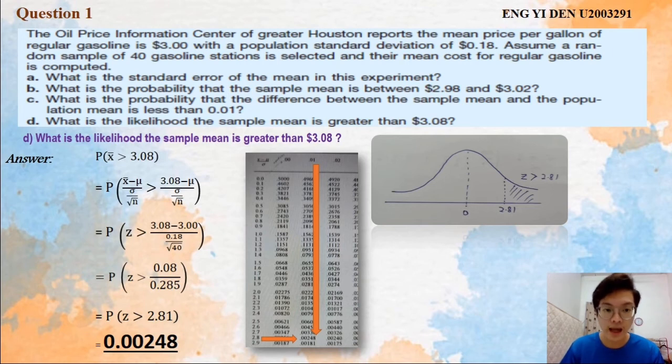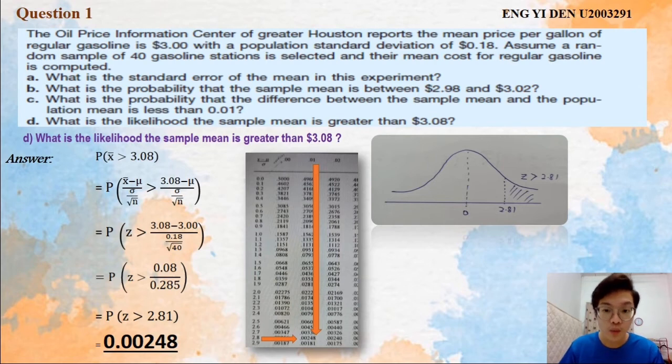And we get P(x bar larger than 3.08), and we put the 3.08 inside the formula, where we get 3.08 minus mean, which is 3.00, over standard deviation, which is 0.18, over square root n, where n is the sample size, which is 40, and we get P(Z larger than 0.08 over 0.0285), and we get P(Z larger than 2.81).